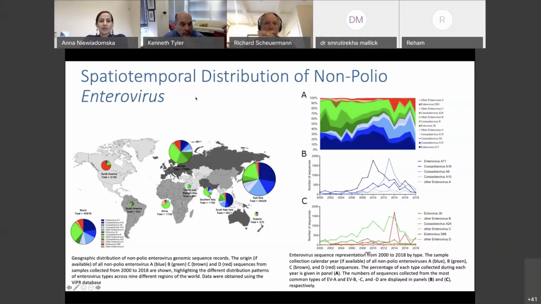And again, that's summarized in a really nice publication, which I referred to previously, on the epidemiology and spatiotemporal distribution of non-polio enteroviruses.